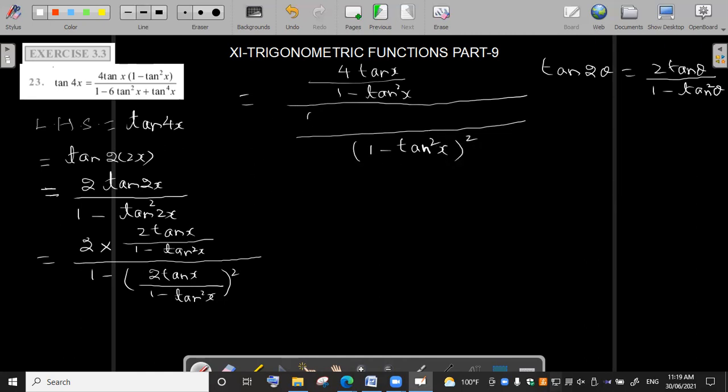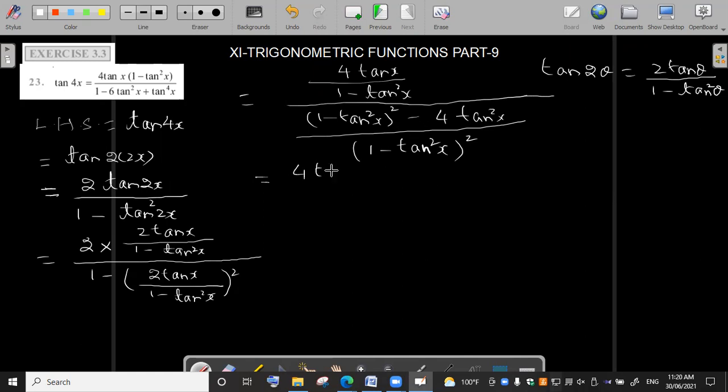And this will come here on the left side, 1 minus, on taking LCM, 1 minus tan square x whole square minus 4 tan square x. Okay, this is the main line. So this will be inverted.